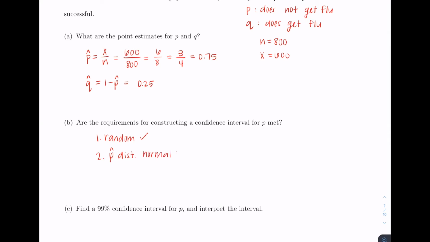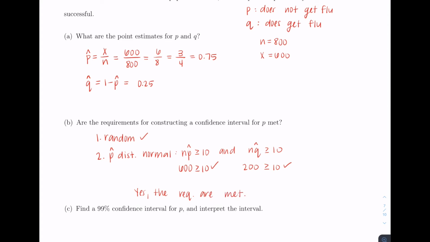Remember, we do this by checking that N times P hat is greater than or equal to 10, and N times Q hat is greater than or equal to 10. N times P hat in this case is 600, which is definitely greater than or equal to 10, while N times Q hat is 200, and again is greater than 10. So here we can say yes, the requirements are met.